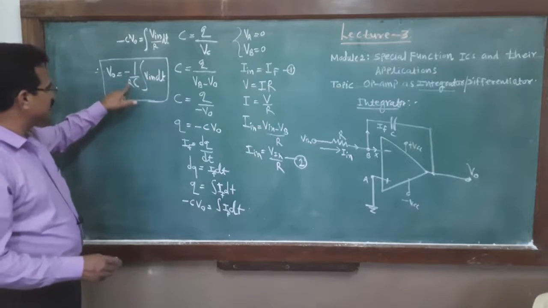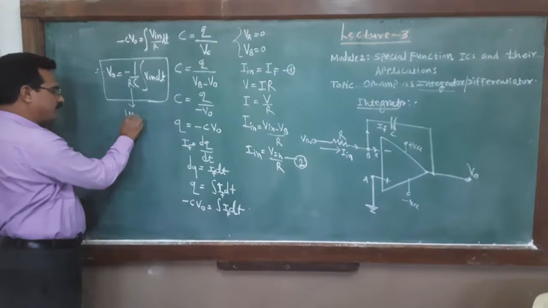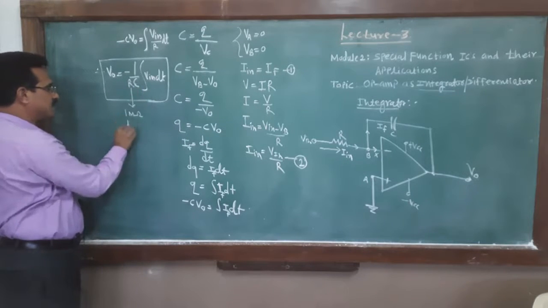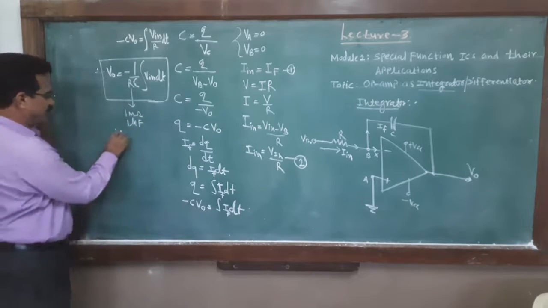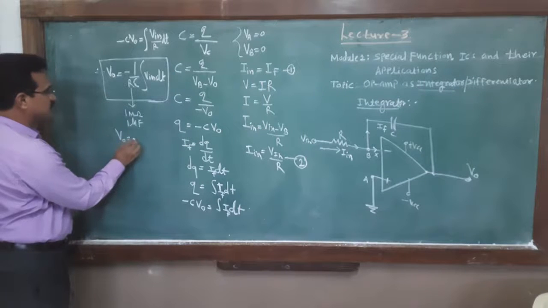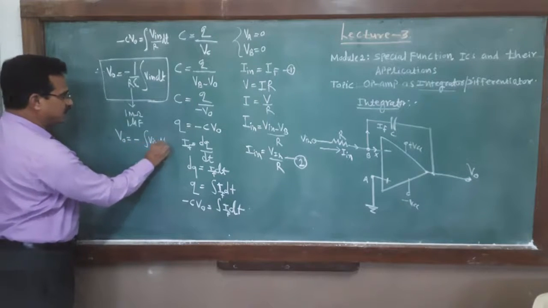Suppose the value of R is 1 megaohm and the value of C is 1 microfarad, then this value must be equal to 1, and at that time V0 is equal to minus the integration of V in dt. This is the relation.